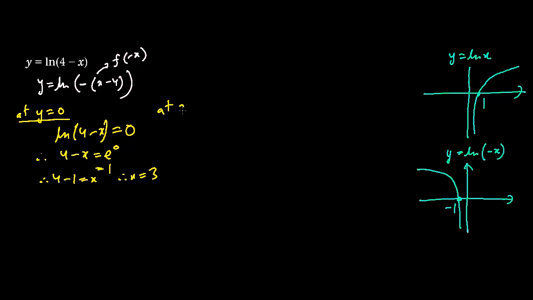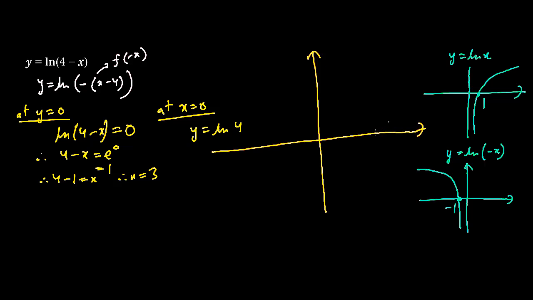And at the y-axis, x equals to 0. So y equals to ln of 4 minus 0. So ln 4 is going to cut the y-axis at the point ln 4. So now we can sketch this. It's going to cut the x-axis at the point 3 over here, and it's going to cut the y-axis at the point ln 4 over here, and the shape is going to be like this: reflection on the y-axis.